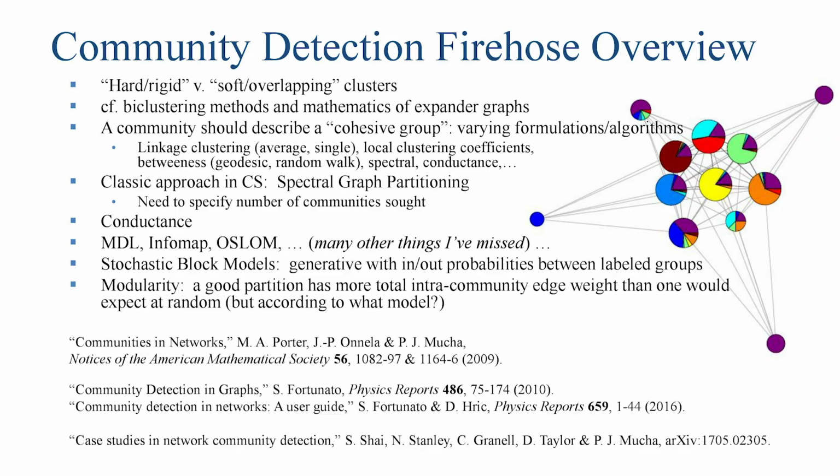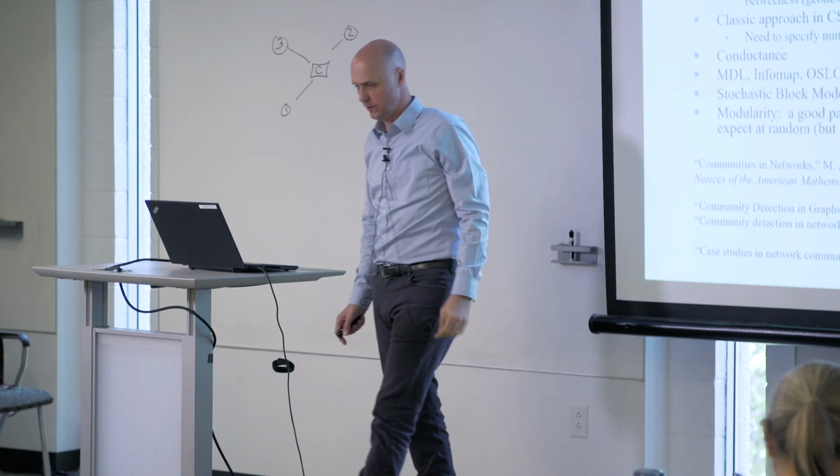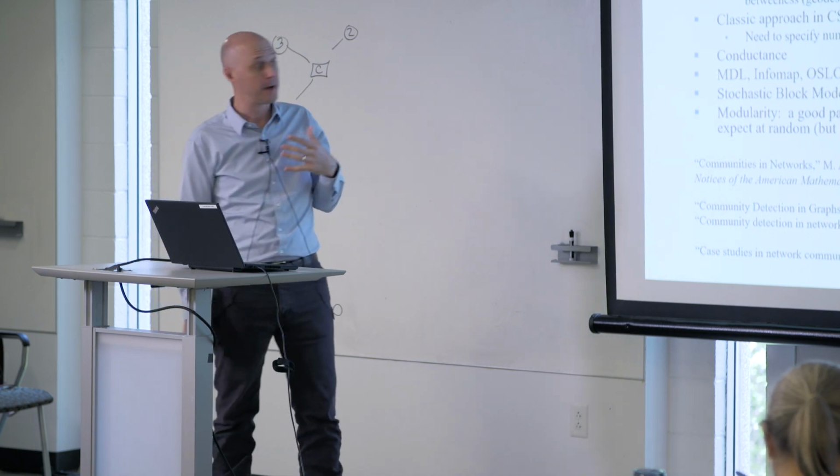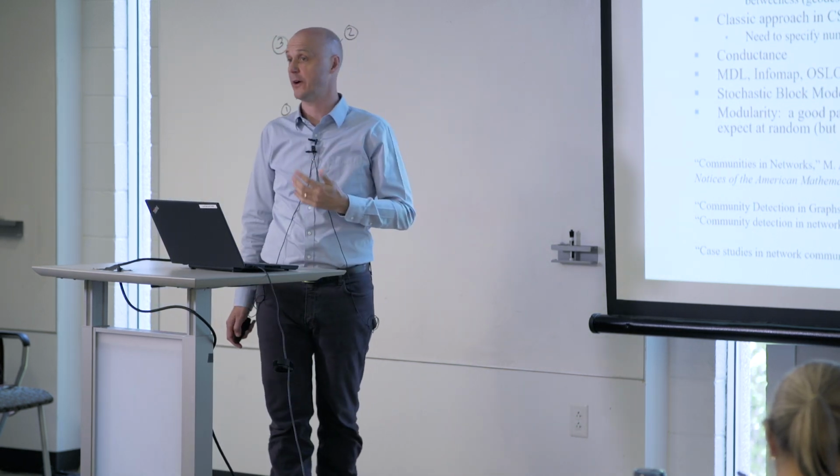So this was just sort of showing one demonstration. There are way too many things that we could talk about when it comes to different ways that you can do community detection. So for the most part today, all I'm going to talk about is this notion of modularity.